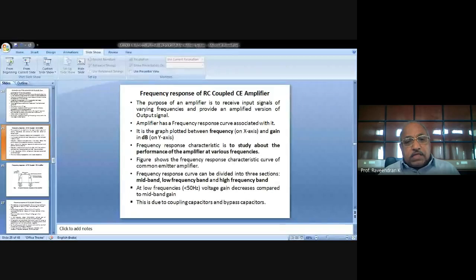Any frequency response characteristic of an amplifier will have three important regions, namely the mid-frequency gain region, that is the mid voltage gain, current gain or power gain region, a low frequency region, and a high frequency region.